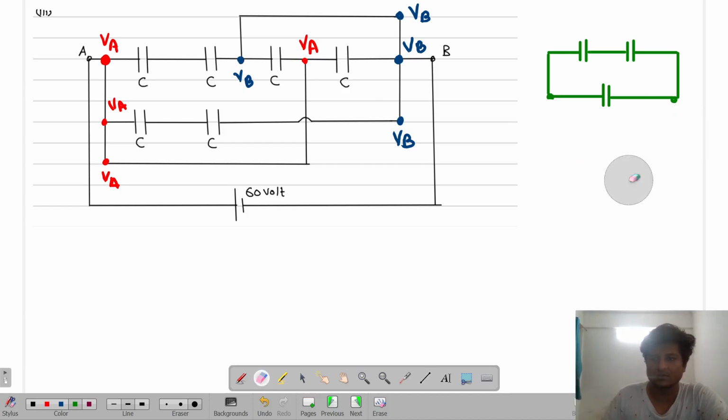This is V of A. So look over here. We have done this, we have done this. Then I'm left out with this, so one more capacitor between VA and VB. Got it?